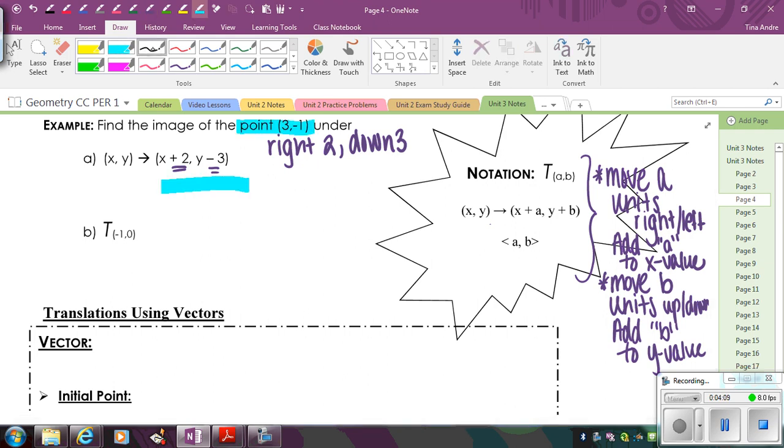I'm just going to copy it down. This is 3, negative 1. I'm going to do these operations to it: plus 2 to the X and minus 3 from the Y. And that's how I'm going to get my answer. It'll be 5, comma, negative 4. That's going to be my image given the pre-image. So there's the answer.